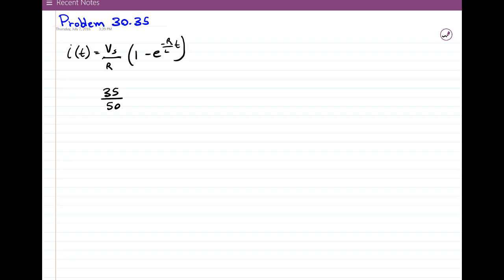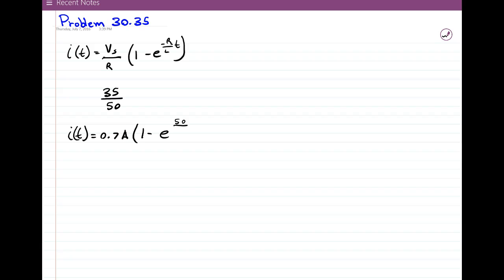0.7 amps, a volt over an ohm, times quantity 1 minus e raised to the, okay, R was 50 and L, the inductance, 1.25 millihenries. So what is 50 divided by 1.25? 40.